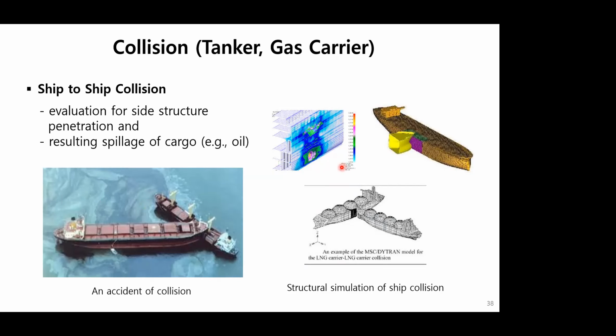In general, as you may imagine, it's very hard to test using full-scale actual ship. Therefore, numerical simulations are often carried out instead to evaluate side structures, considering collision speed and shape of the front of colliding ship.